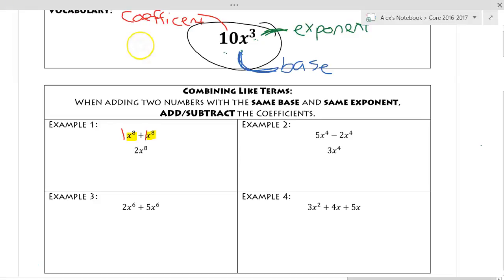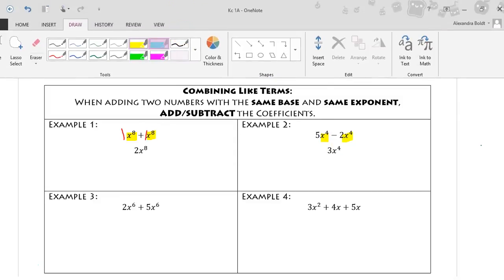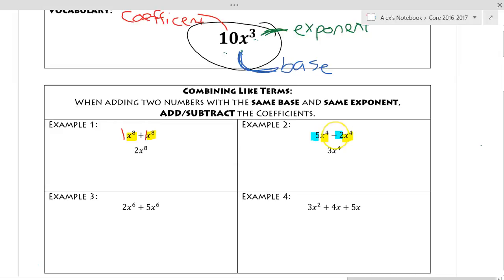Looking at example 2, I have x to the 4th and an x to the 4th. Here I have 5 of them, and here I have 2 of them. So if I have 5 of something and I take away 2, I'm only left with 3 of that something. Like I have 5 apples and I take away 2 apples, I'm left with 3 apples.